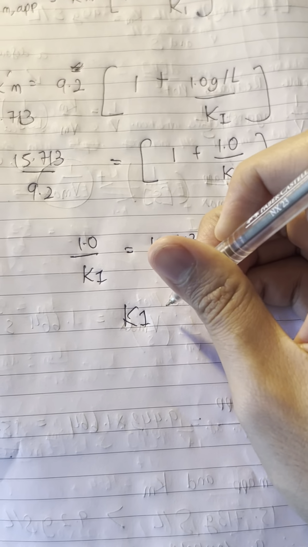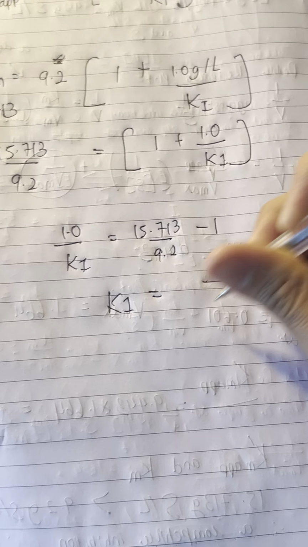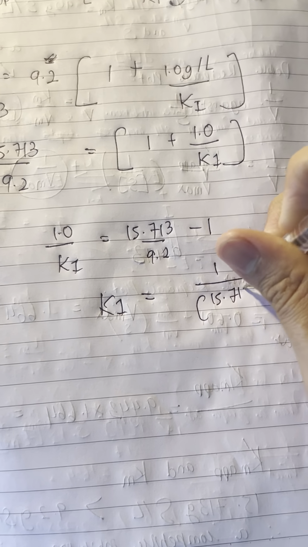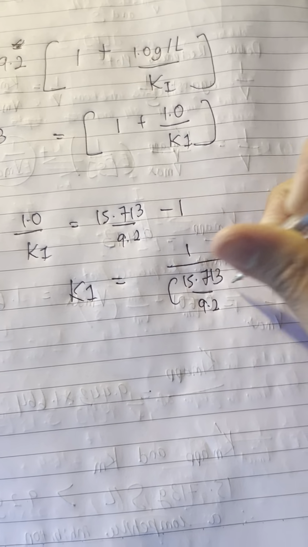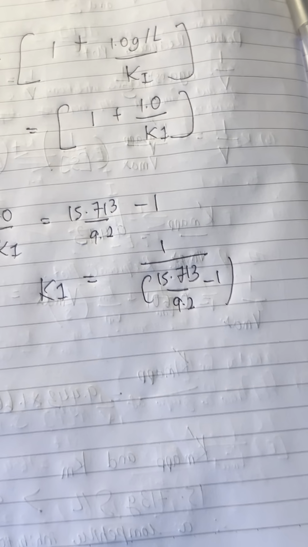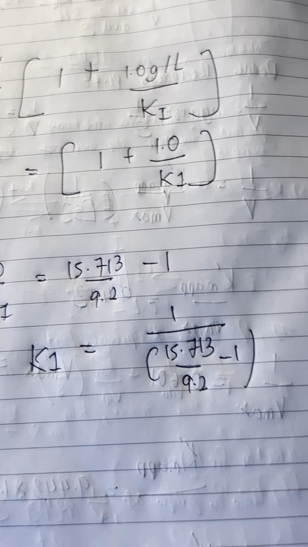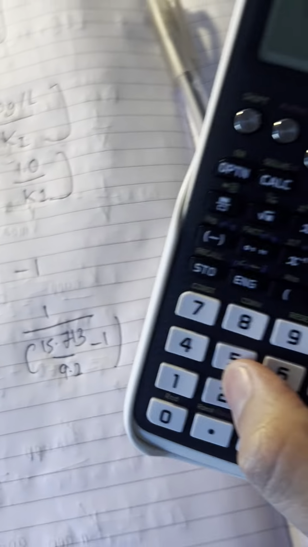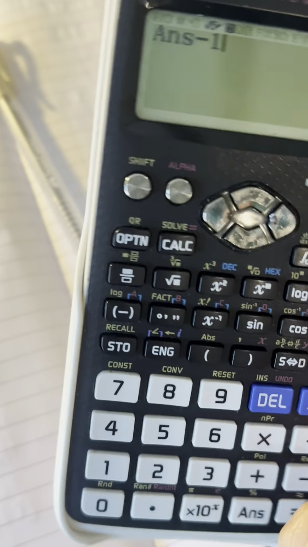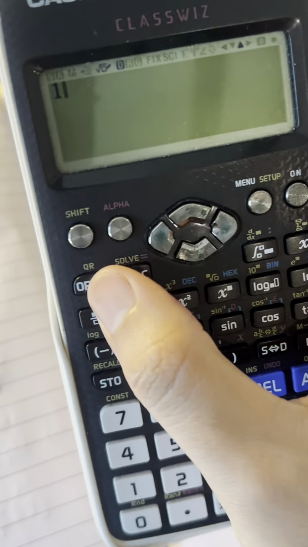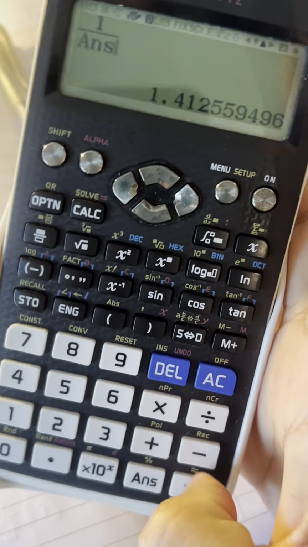Then Ki is just 1 over 15.713 over 9.2 minus 1. Okay, let's just use the calculator. 15.713 over 9.2 minus 1, then 1 divided by this one.